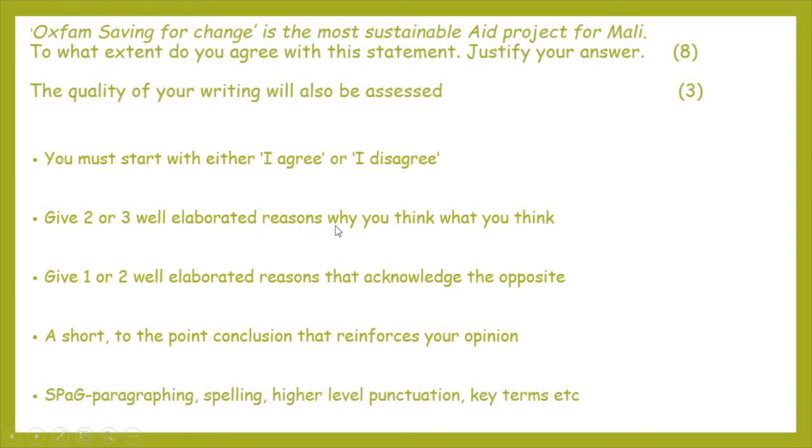Okay, you can say, I don't think the Saving for Change is sustainable because of this and this and this. I think another option would be more sustainable because of this. And then come on to, but I do recognise there are some upsides to the Saving for Change, which would be. All right, so copy this question into your books.